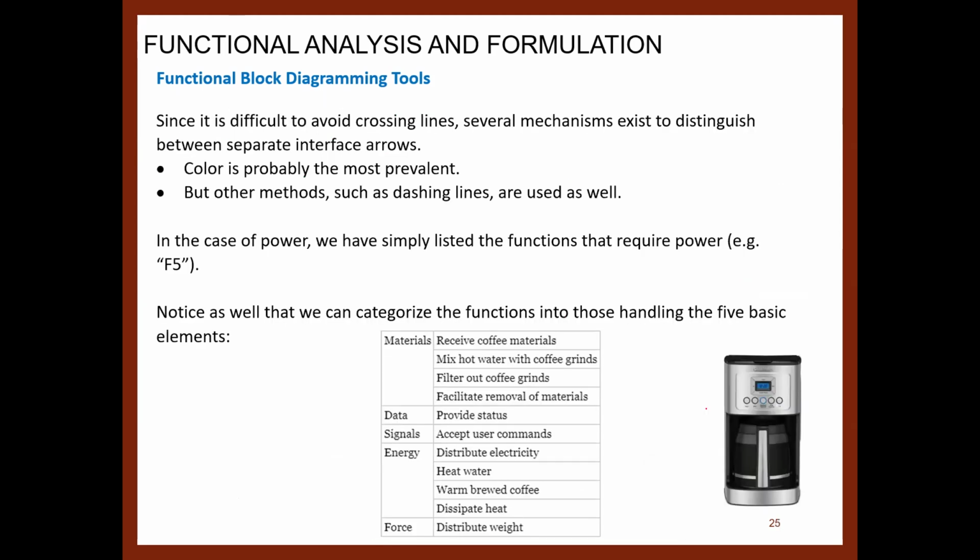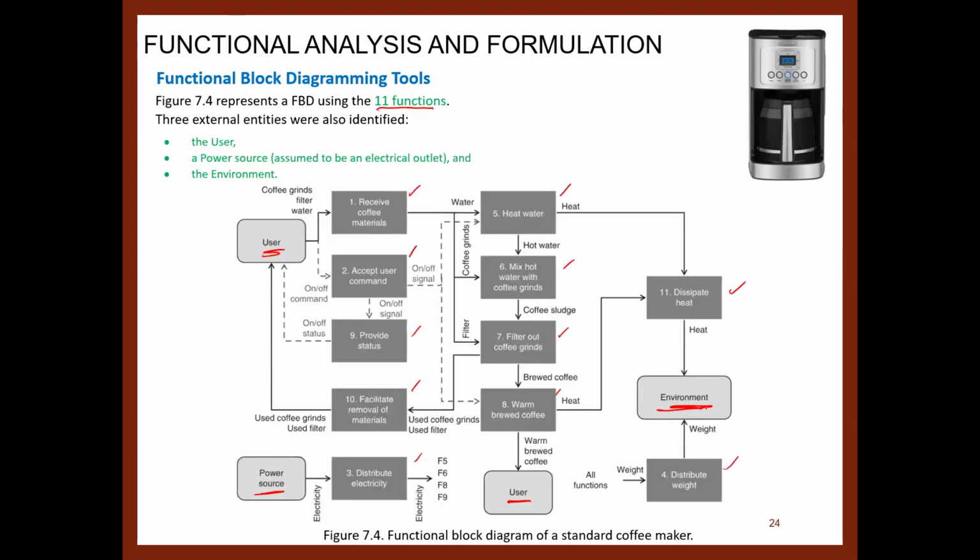Since it is difficult to avoid crossing lines, several mechanisms exist to distinguish between separate interfaces. Color is probably the most prevalent, but other methods such as dashed lines are used as well. So that's what you're seeing here, to make sure that you don't get confused between the interactions.